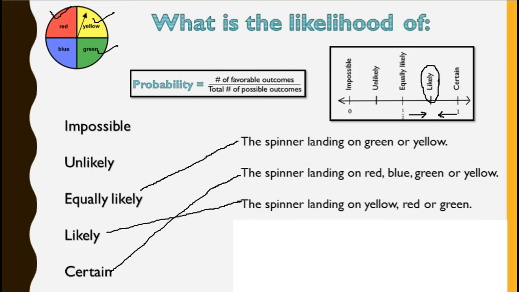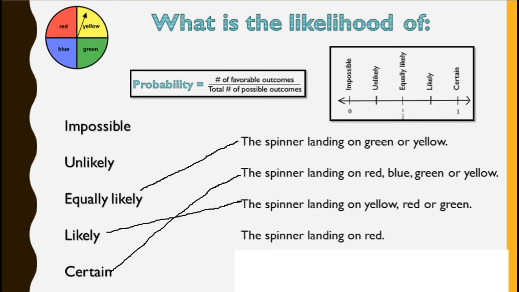Okay, let's look at our next example. What's the likelihood that the spinner would land on red? Okay, we got 1 spot that's red. So 1 favorable outcome and 4 total colors. So the probability is 1/4.